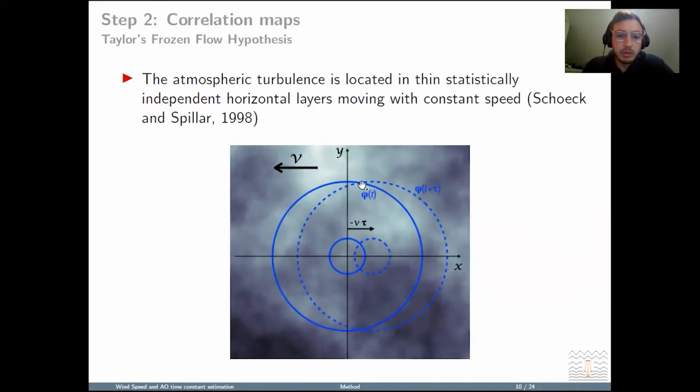If we compute the correlation between these two frames, the frame at t and t plus tau, we obtain a map where a peak is located at v times tau, which is the displacement.